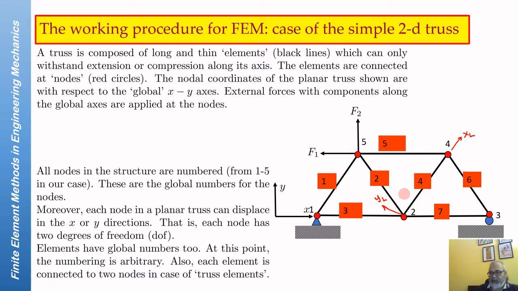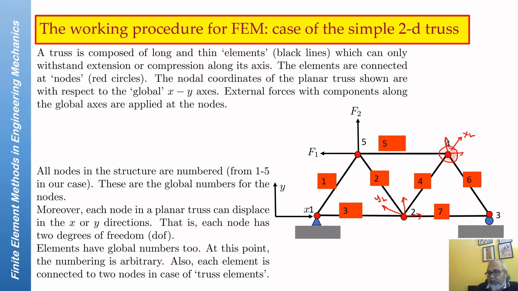So for each and every element, we will connect the degrees of freedom at its nodes to the forces at its nodes in the global coordinate system. However, when you look at node 4, it is part of a whole structure.